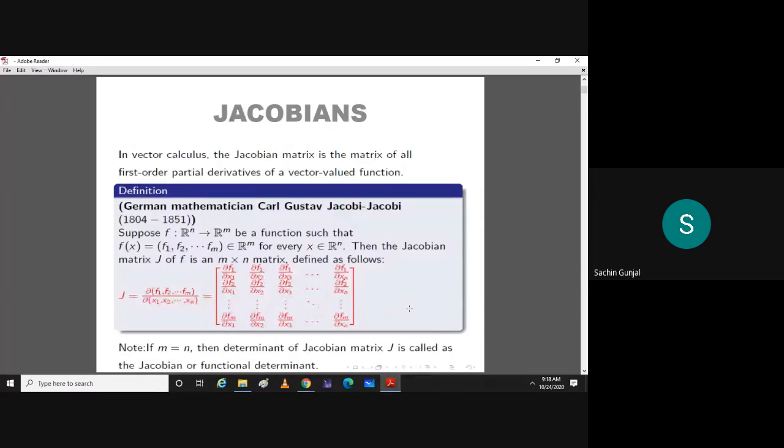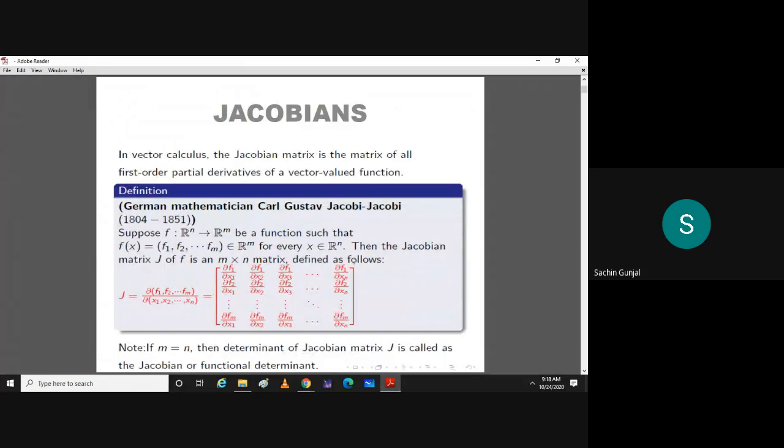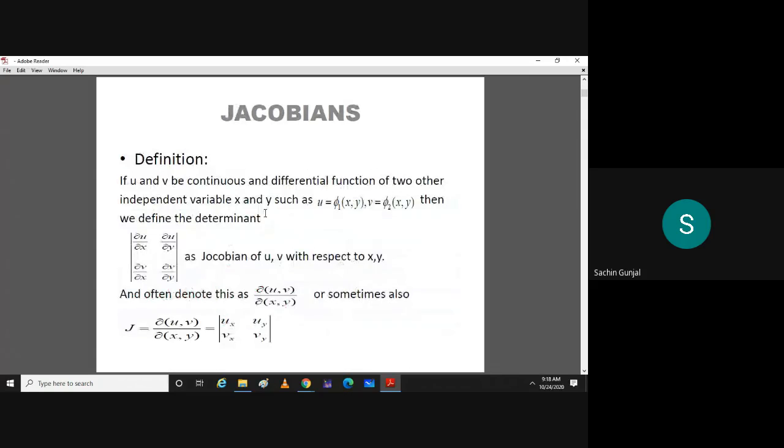Okay. So don't look at this matrix. Let us go to the small matrix so that it will be more comfortable to you. u and v, 2 functions which are continuous and differentiable, 2 independent variables x and y. Then Jacobian of uv with respect to xy is ∂u/∂x, ∂u/∂y as first row, ∂v/∂x, ∂v/∂y as second row.